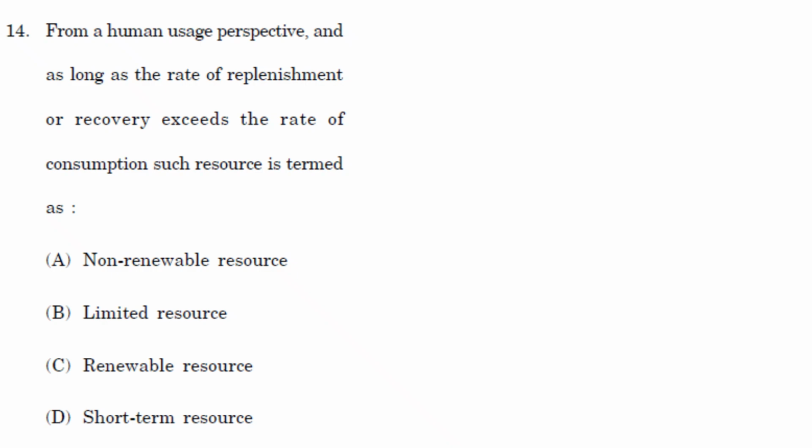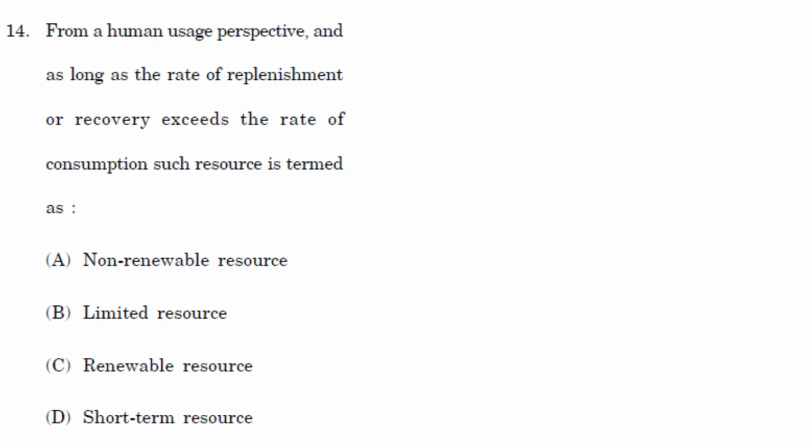What they are telling here is, as long as the rate at which the resource is replenished in the environment is equal to or greater than the rate at which humans consume it, the resource will be present in the environment for a longer time for human use.